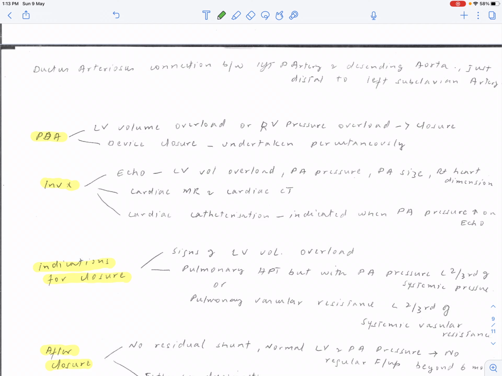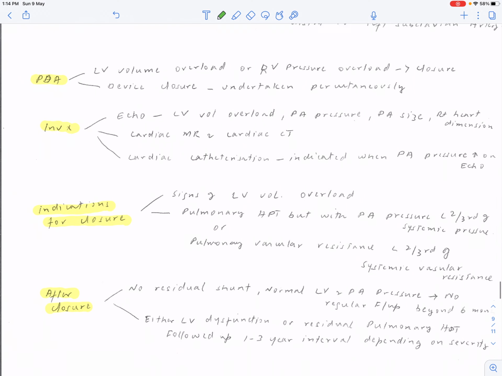There is a device closure which is undertaken percutaneously. So in terms of the management, if the patient has left ventricular volume overload or right ventricular pressure overload, this is the indication for closure, usually done by device closure, and usually it is done percutaneously.